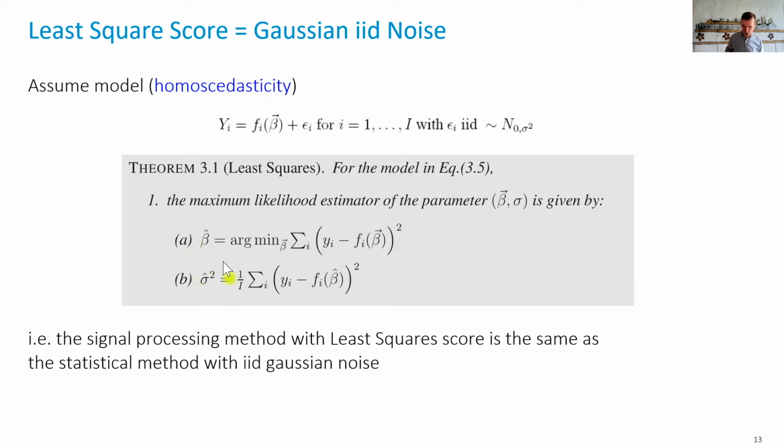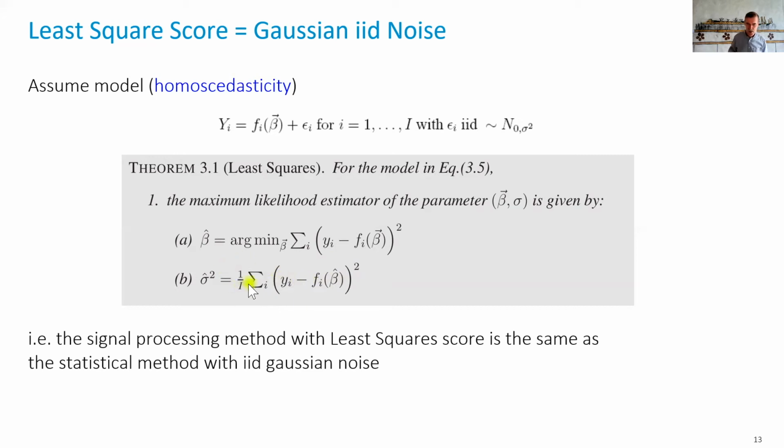This is for the parameter, which is probably the value of interest. Sometimes we're also interested in estimating the variance in order to do predictions, for example. Then the variance is simply this quantity. What is this quantity? Well, this is the sum of the squares of the residuals. The residual is the value of the point that we have, our data, minus what we have estimated, what it should be if there were no noise given our estimated value of the parameter. So this is the residual error after fitting.